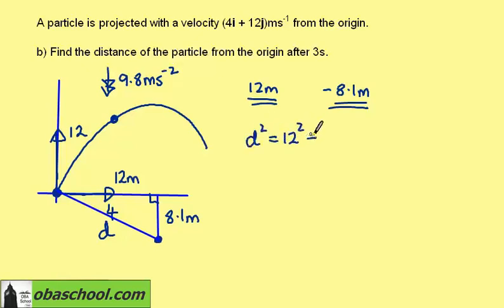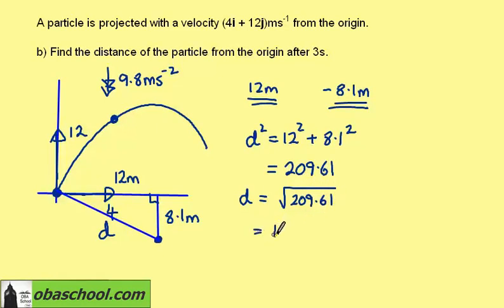So d squared is 12 squared plus 8.1 squared, and this gives us 209.61. d then is the square root of 209.61, and this calculates to give us 14.5 meters, correct to 3 significant figures.